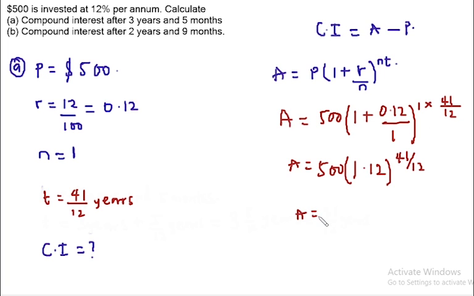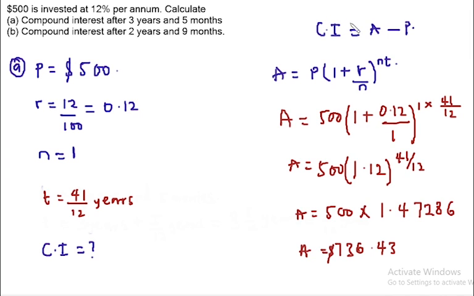A is equal to 500 times 1.12 to the power of 41 over 12, which is 1.47286 to 5 decimal places. So if you multiply this and this, you have A is equal to $736.43 to 2 decimal places.